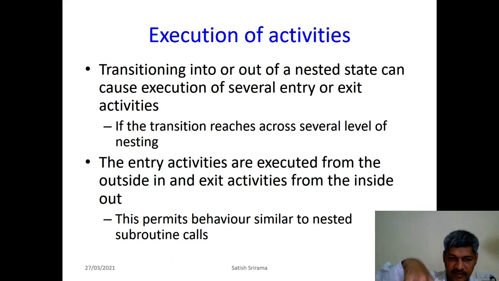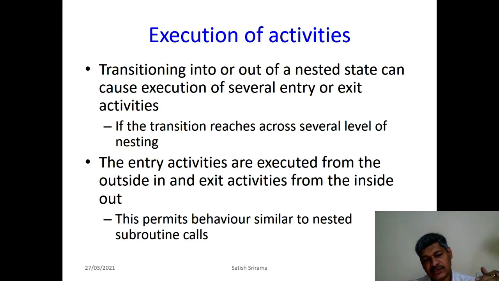If the transition reaches across several levels of nesting, which can go to any arbitrary level, so nested states within nested states within nested states, then several entry and exit activities are being executed.